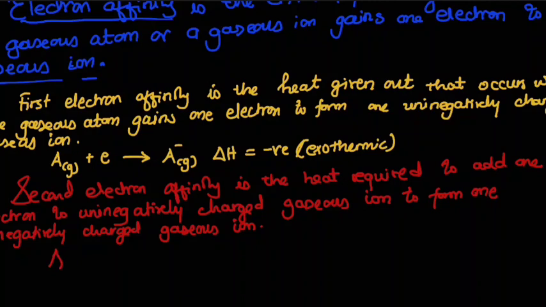So if I represent this one in equation form, it will be A minus gas plus an electron, and we're going to form A 2 minus gas. Here the enthalpy change will be positive, also endothermic.